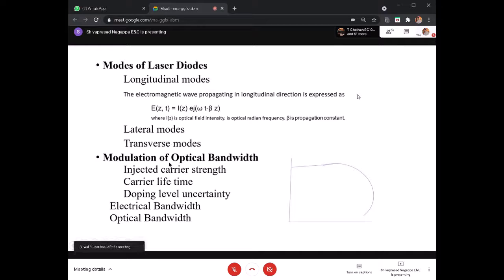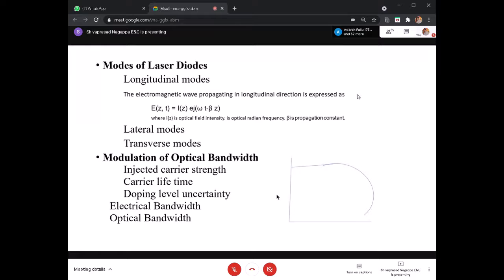Now the modulation of optical bandwidth. What is this modulation of optical bandwidth? Whatever is generated will have both optical bandwidth as well as electrical bandwidth.